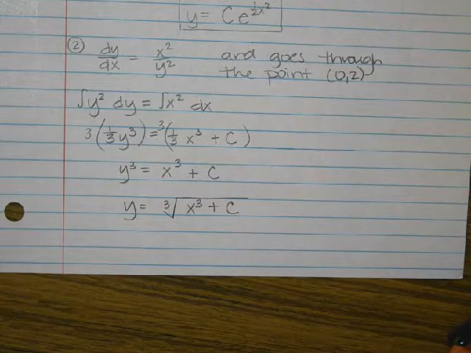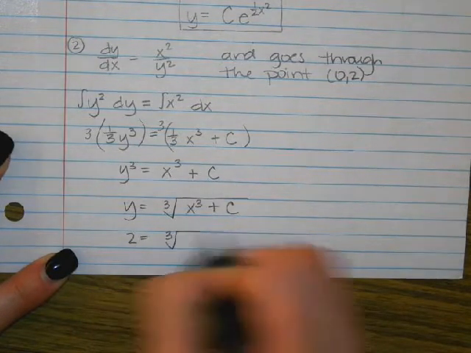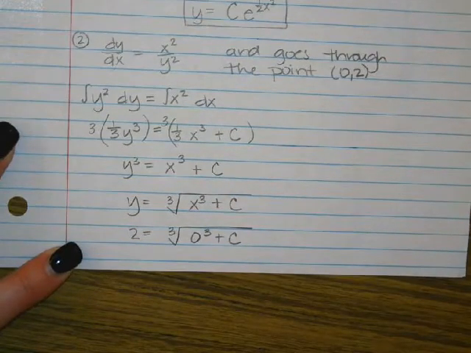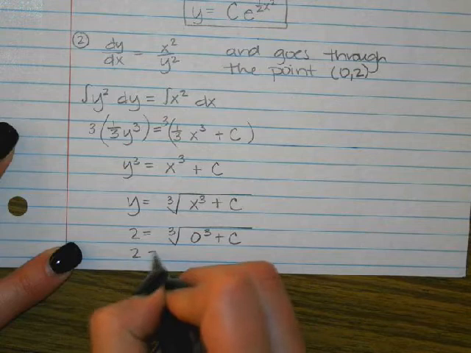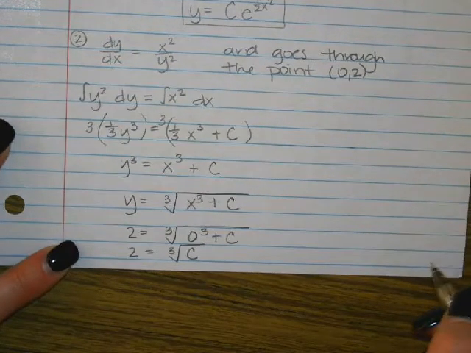How do we find the specific one that we are looking for? Plug in the point, right? 0, 2. So 2 goes in for y, and 0 goes in for x. So 2 equals the third root of c.